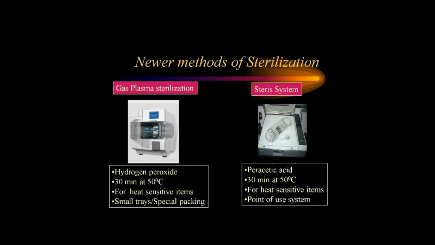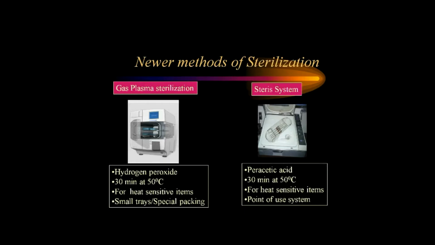Next slide. There are newer methods of sterilization: gas plasma sterilization and Steris system. The gas plasma sterilization uses hydrogen peroxide. It takes only 30 minutes at 50 degrees centigrade, and wherein we can put all heat sensitive items. But the only disadvantage is it needs special packing and it can only accept small trays.